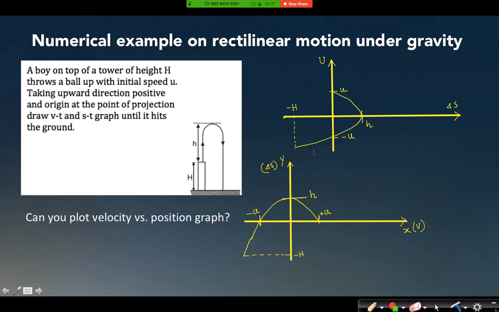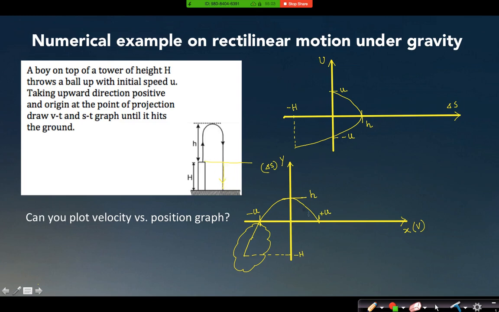Sir, in the first graph, so that third quadrant part will be also erased. Third quadrant, this part. Yes, sir. This part you are talking about? No, this ball is coming down. After crossing this point, the ball is coming down. So its displacement must be negative.